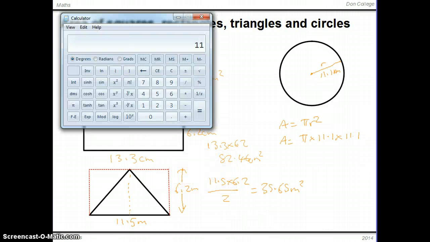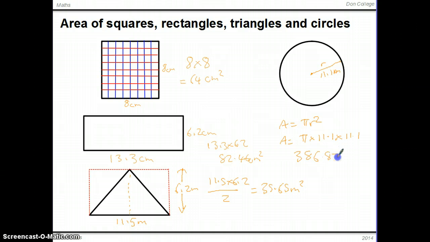We could use the pi button, or we could just use 3.14. That gives me 386.8794, and my units were kilometres squared.